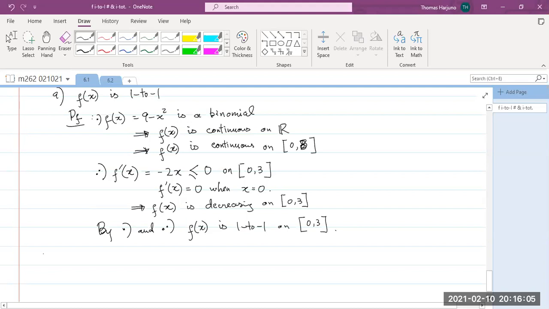Okay, part B, use the theorem to find the derivative of f inverse at 8.